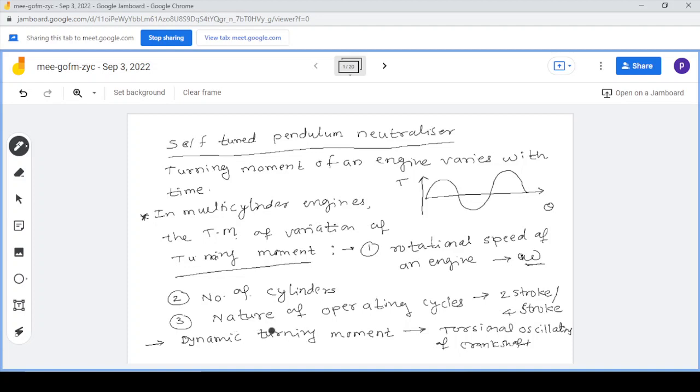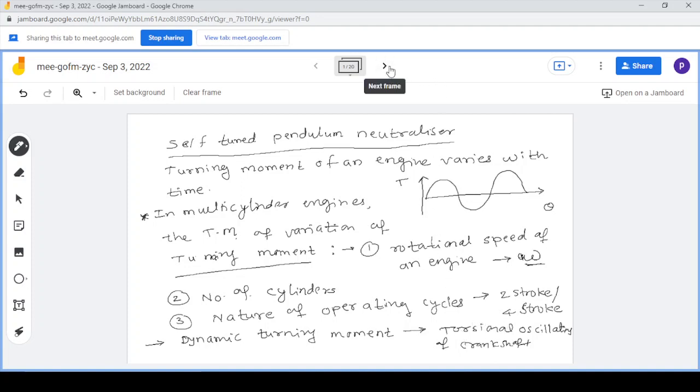The nature of operating cycle depends upon whether it is a two-stroke or four-stroke, and the dynamic turning moment of a multi-cylinder engine causes the torsional oscillations of the crankshaft. So what is our objective? To minimize the torsional oscillations of the crankshaft.